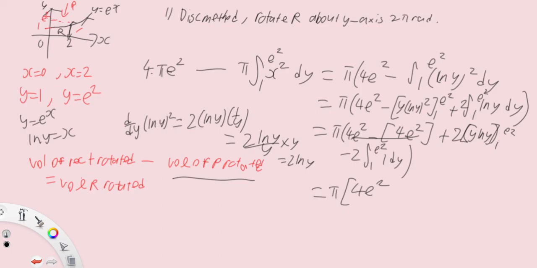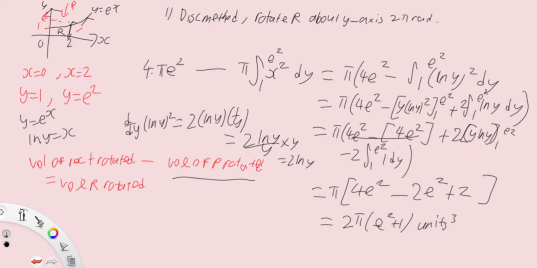Again, ln 1 equals 0, so that gives me back 0. Minus, integrating 1 will basically give me back y, so I'll get minus 2e squared plus 2. Then I will get 2 pi (e squared plus 1) units cubed. So there we have it.